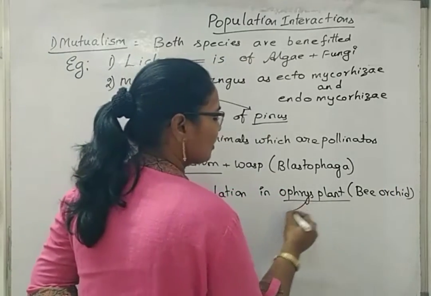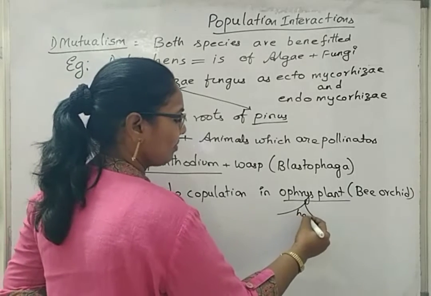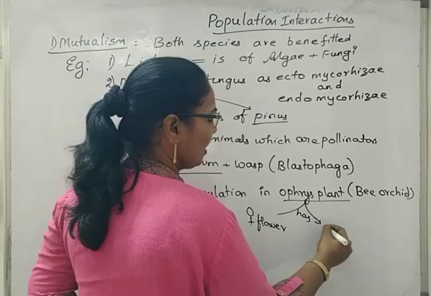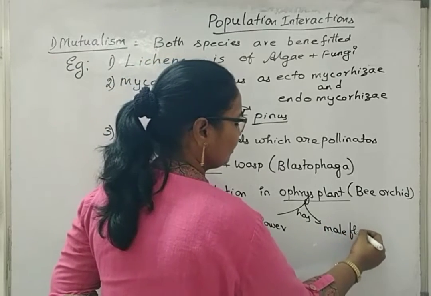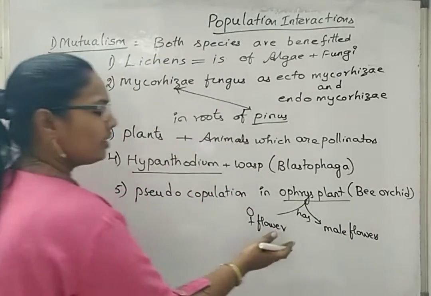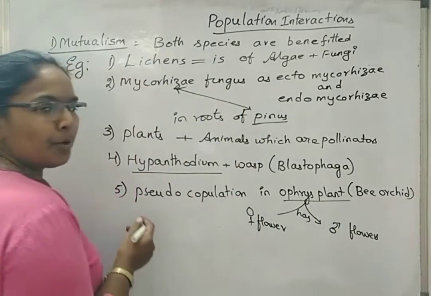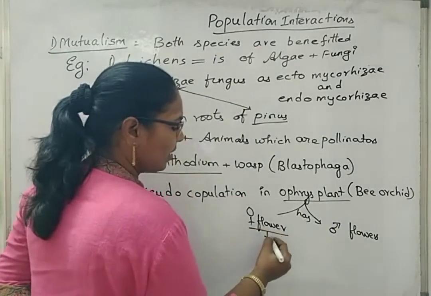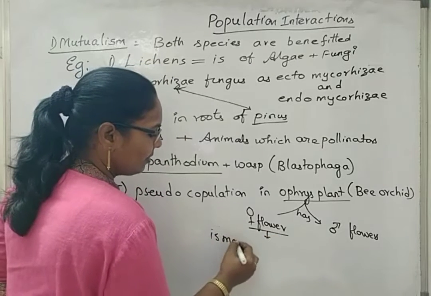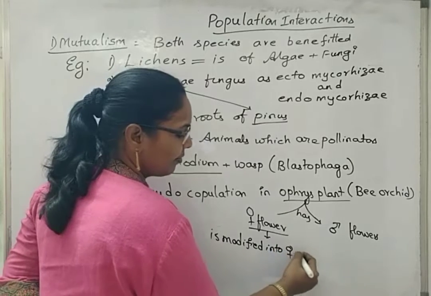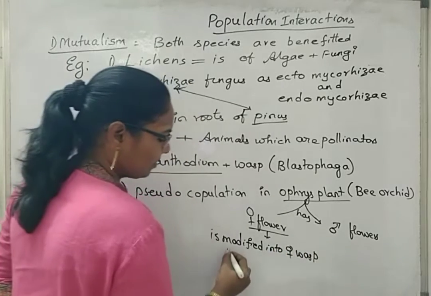This orchid has a female flower and a male flower, that is, the anther which has pollen grains. This one is modified into the shape of a female wasp's body.